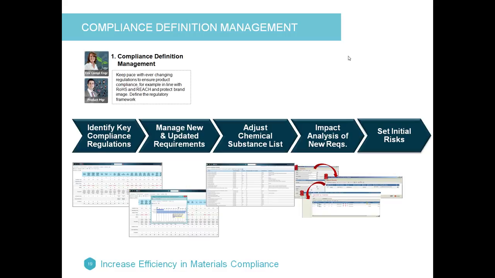And also set those up, of course, in the tool then. Perhaps you need to make some adjustments in your substance lists to put everything in place, and analyze if there are some new requirements coming up that you need to take into consideration.